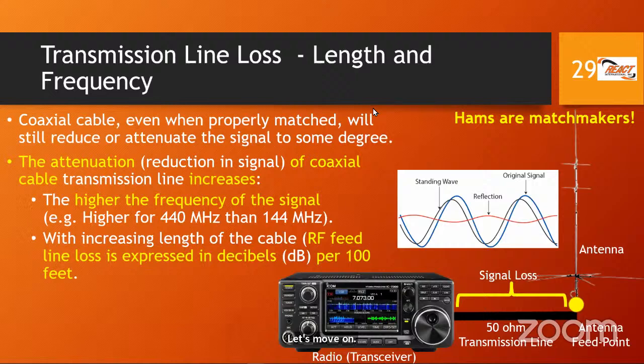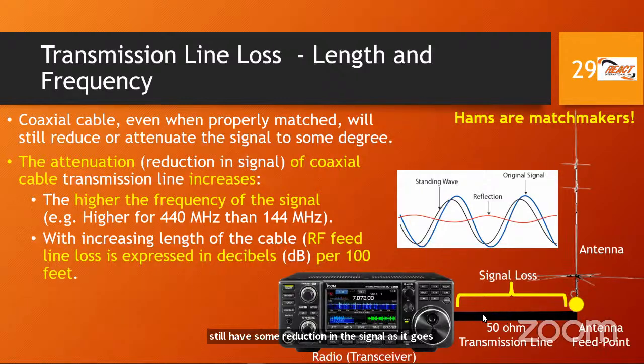Okay. So we need to be aware that no matter what we do and we get a 1:1 SWR, even if we match our coaxial cable and our antenna feed point to that of our transmitter or transceiver, that's 50 ohms, even if we do a perfect match, we will still have some reduction in the signal as it goes across the transmission line.